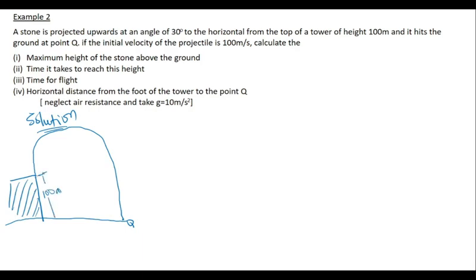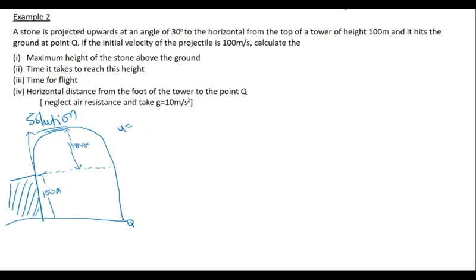So this is more like what the projectile has gone through. So this is our H max, assuming this is our horizontal. The initial velocity for this projectile is not drawn to scale, so let me assume this is our initial velocity.